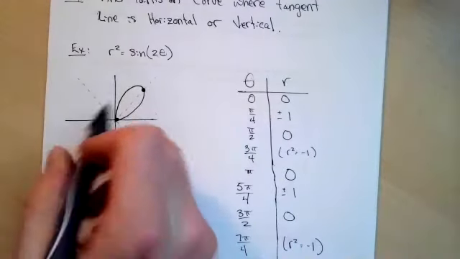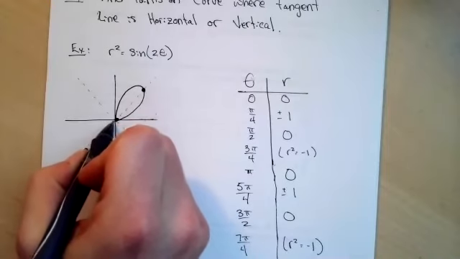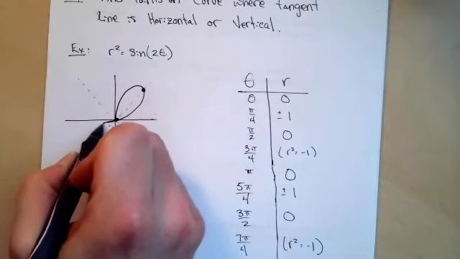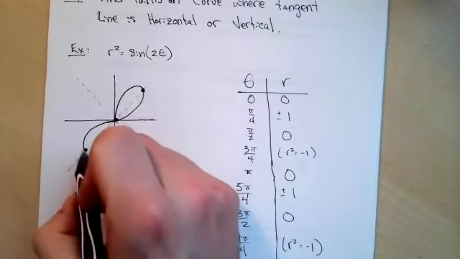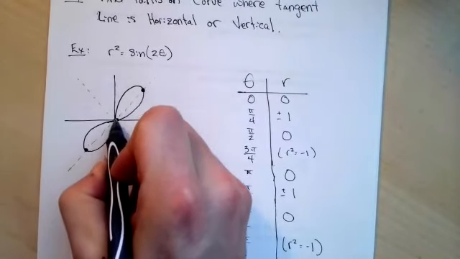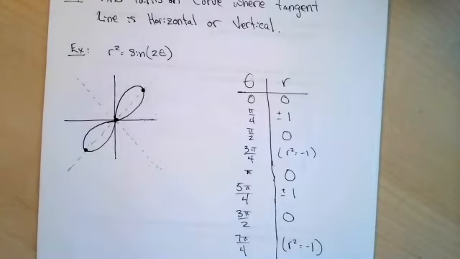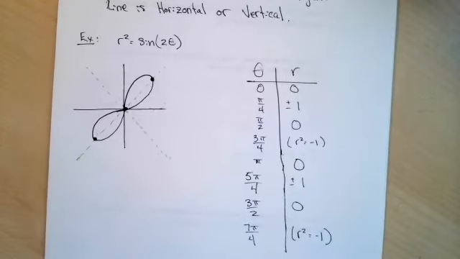But then as the angle increases past pi, we are going to come out like this, hit that point, and then come back. So we've got a two-petal leaf shape going here.